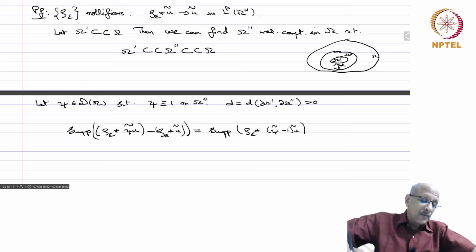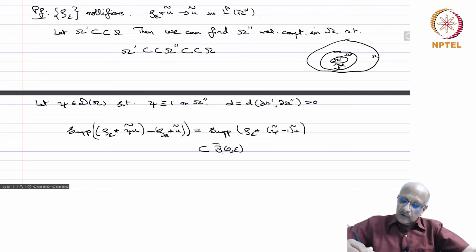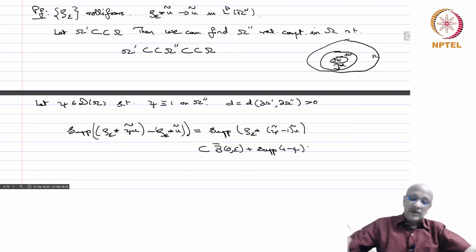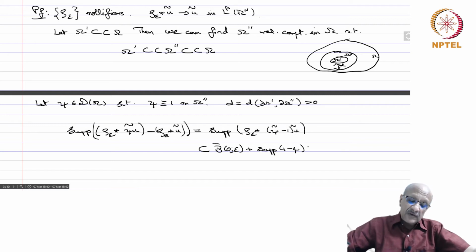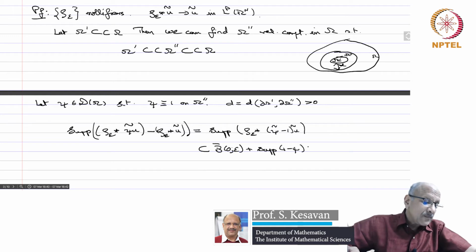Yes, I have just taken out the common factor, and now the support of a convolution will be contained in the closed ball B0 epsilon with radius epsilon plus the support of 1 minus psi tilde, and that is the same as the support of 1 minus psi, because psi is a function which is C infinity with compact support in omega, and outside omega I have only extended by 0, so I have really not done anything to it. So 1 minus psi.